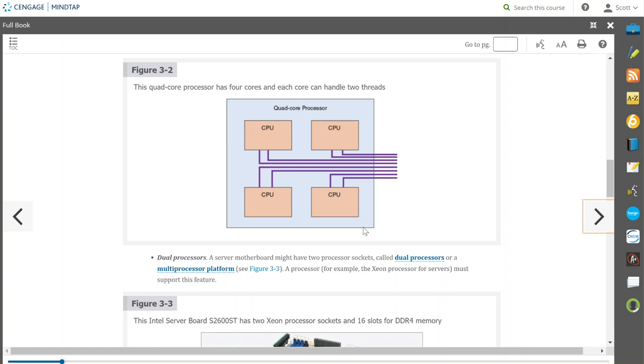In the past, a processor had one CPU in it. Now we've got a quad-core processor that can have 4 CPUs all working at the same time. 4 cores. Each core potentially working on 2 threads at a time. 8 tasks being performed at a given time.